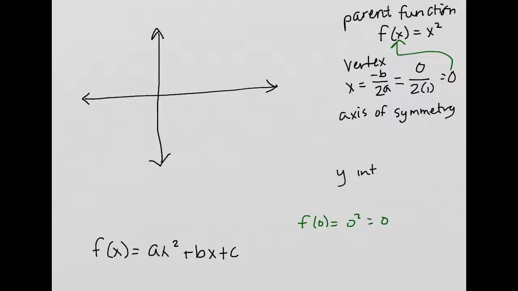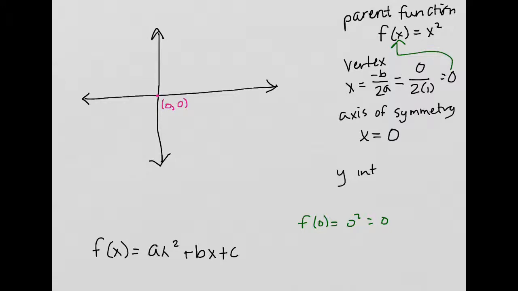Here's my vertex, and it's (0, 0). Now the next thing I want to find is the axis of symmetry. When we find the axis of symmetry, we're taking the equation x equals the same value as the vertex, so we know that it's 0.